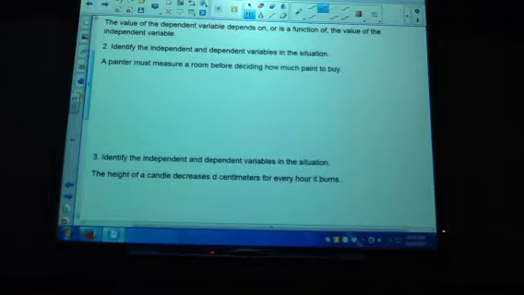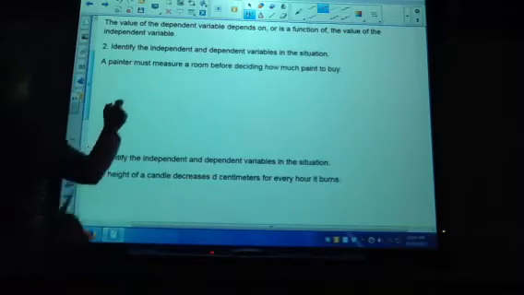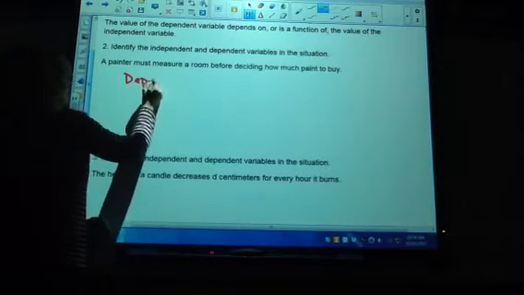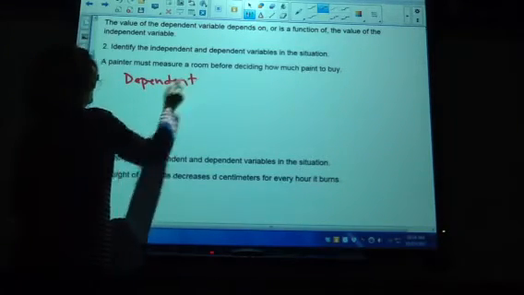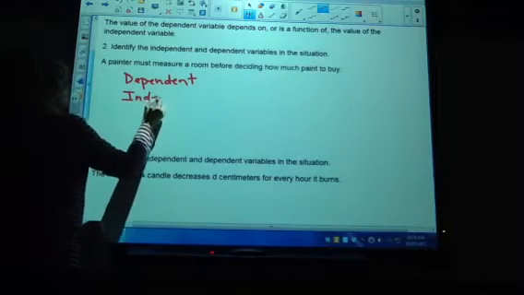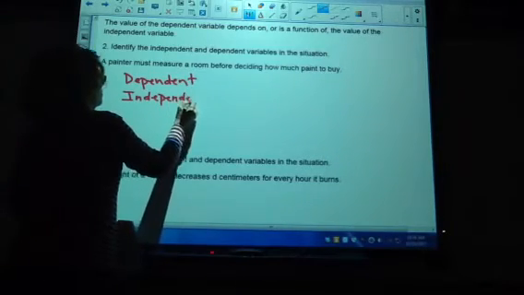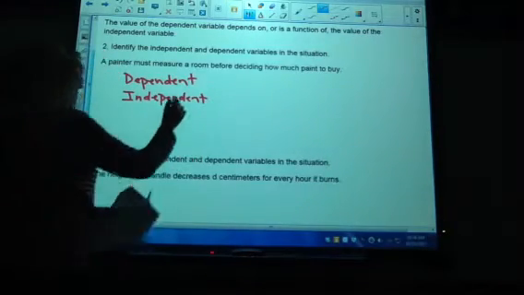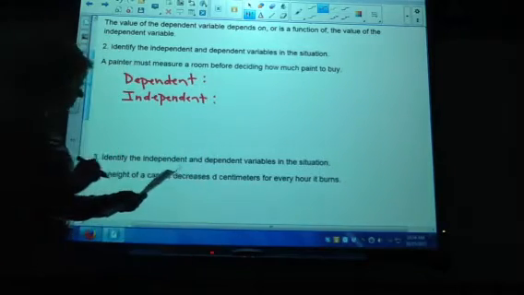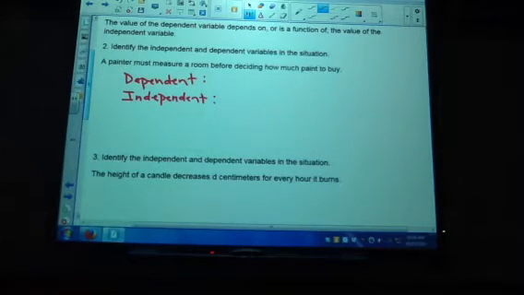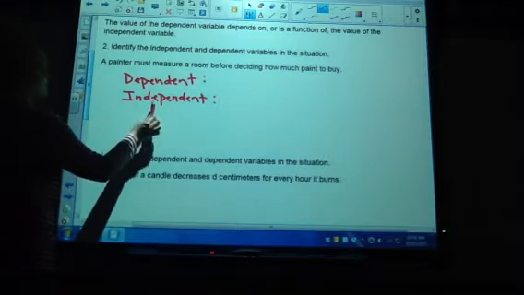All right, a painter must measure a room before deciding how much paint to buy. Okay, so dependent, independent. All right, independent means it stands alone.